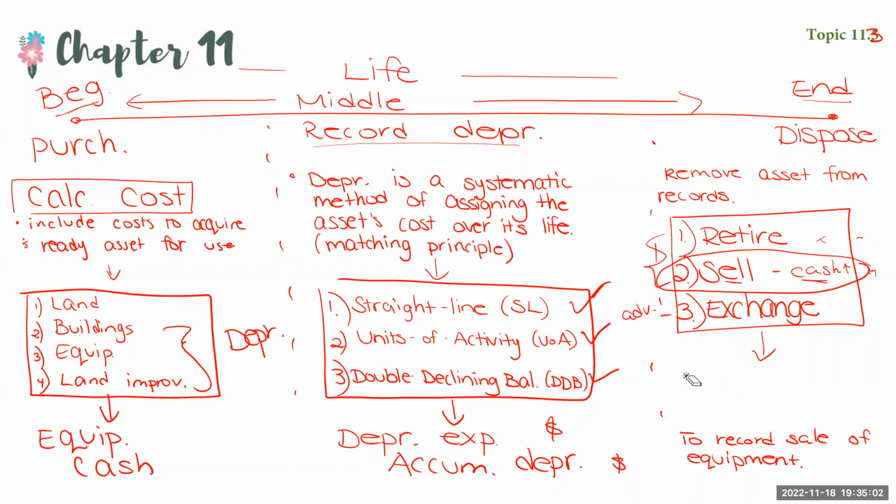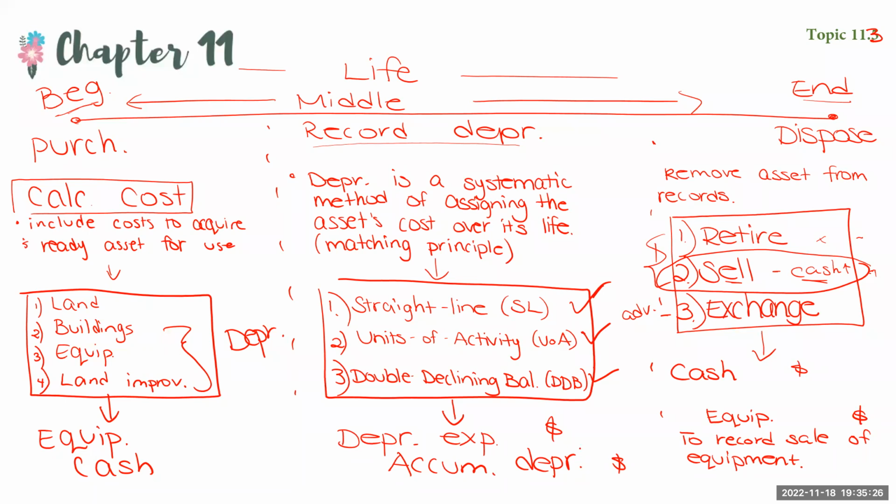Okay. Let me give us a little more room. Debit cash. Think of what we're selling. An asset, right? Equipment. Assets normally have a debit balance, right? So to remove it, we're going to have to credit equipment. So we have an amount in our debit and our credit.